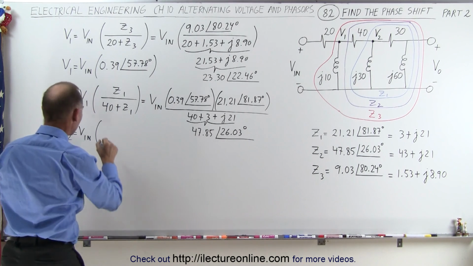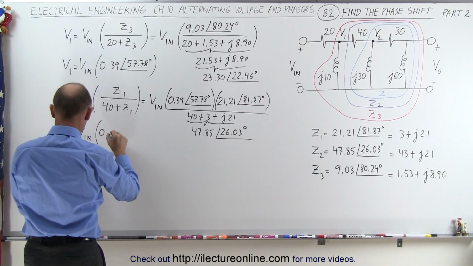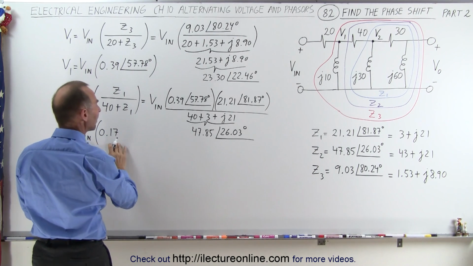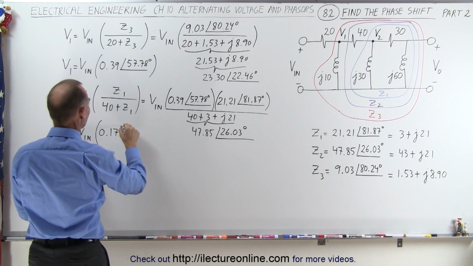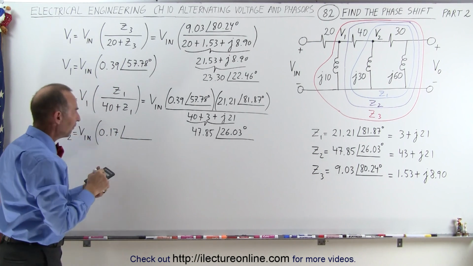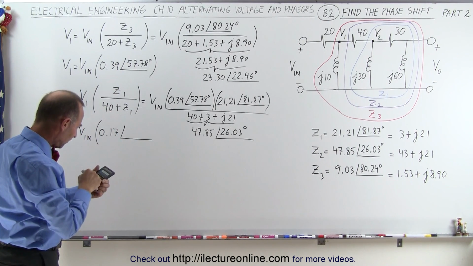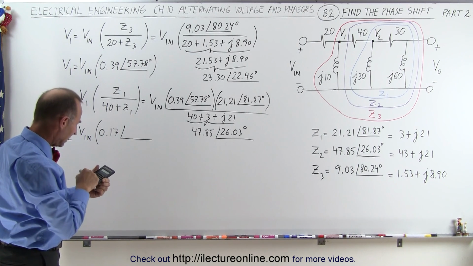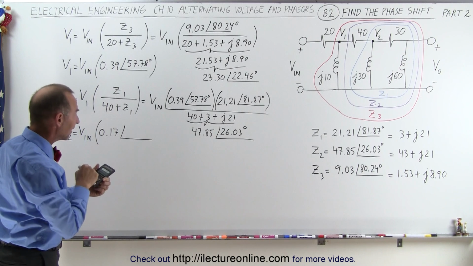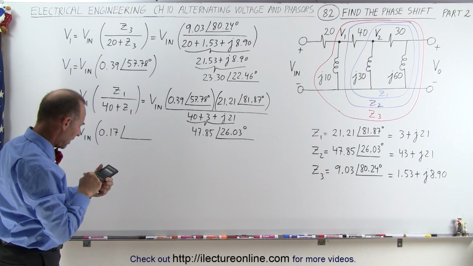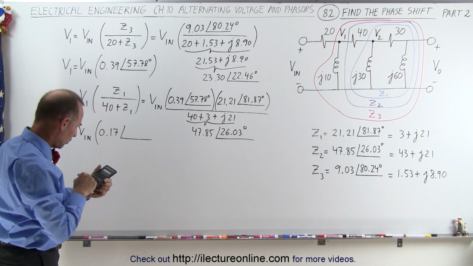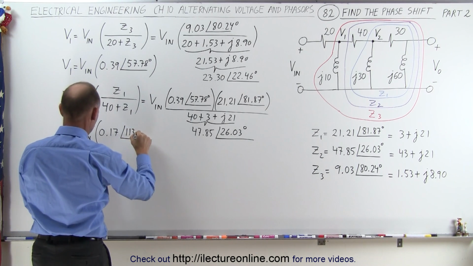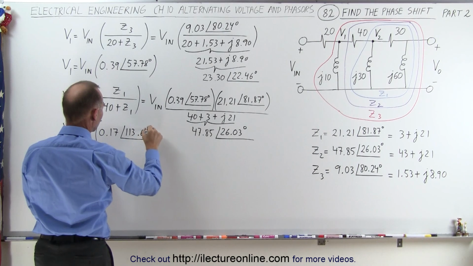That's going to be 0.17, with a phase angle of 57.78 plus 81.87 minus 26.03, which equals a phase angle of 113.62 degrees.